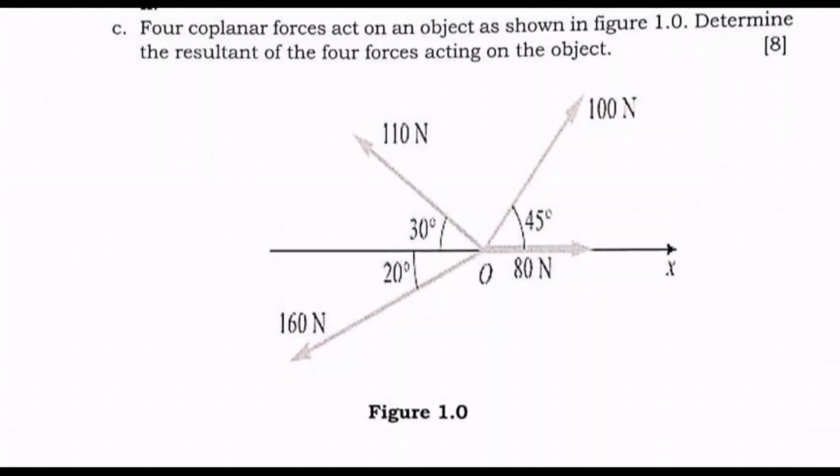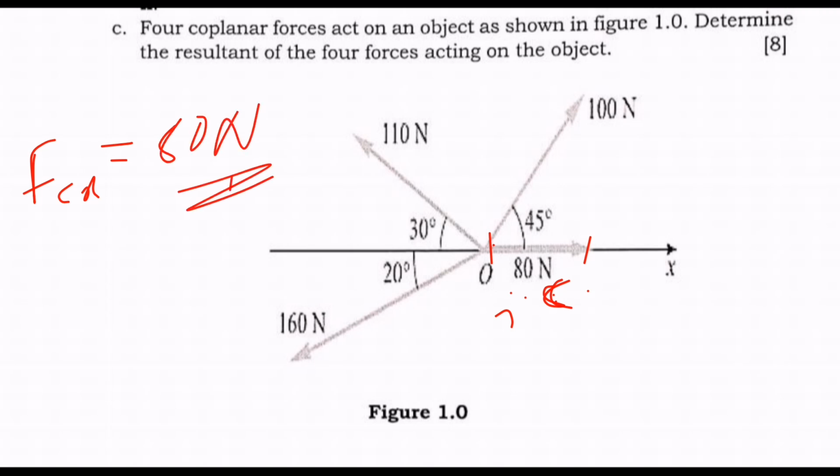Another one is 80 Newton, right? Now, the 80 Newton here is just moving in the x component. So here this will be vector c. Vector c x has 80 Newton, because it doesn't have any y.